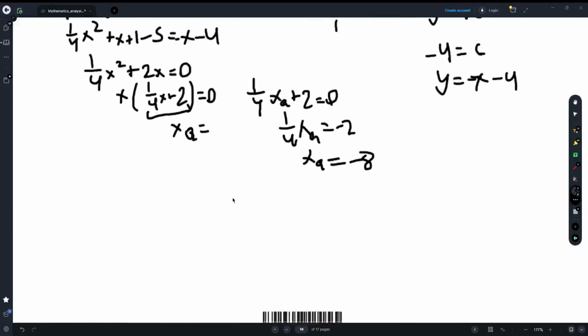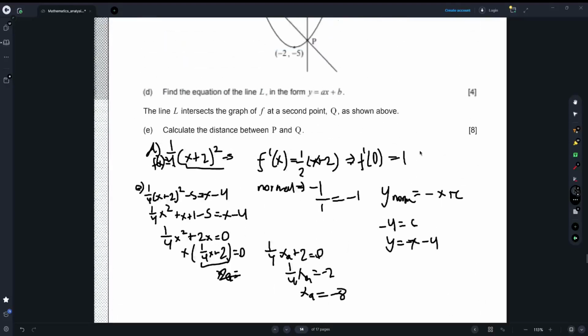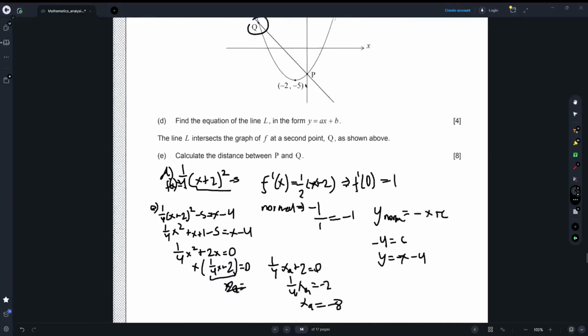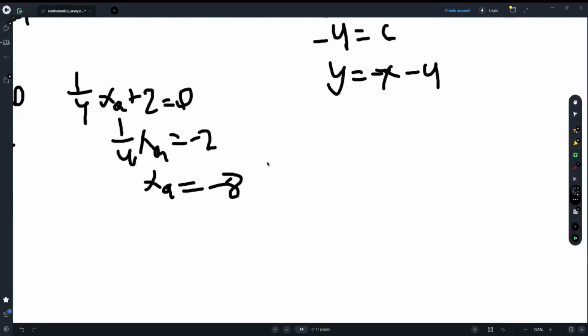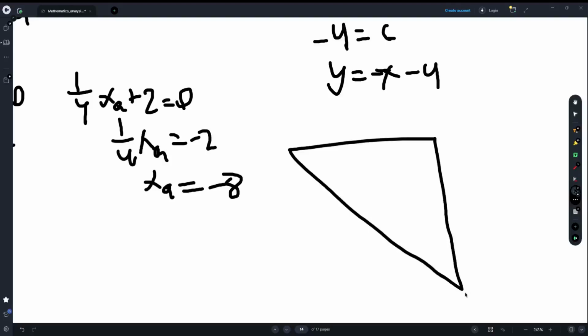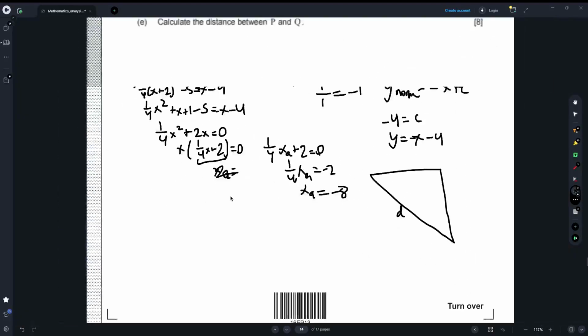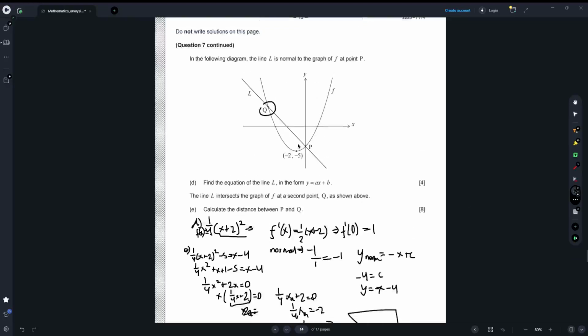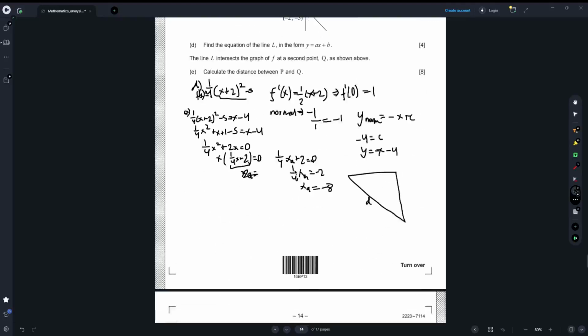And now we have this sort of right triangle situation where we can calculate the distance here. You could technically use a distance formula, but I'm just going to show how it works. So this right here will be the height.